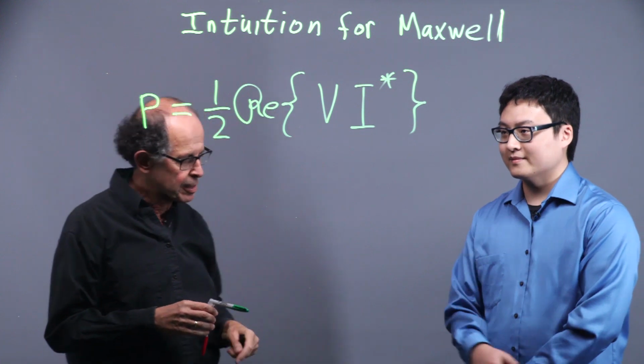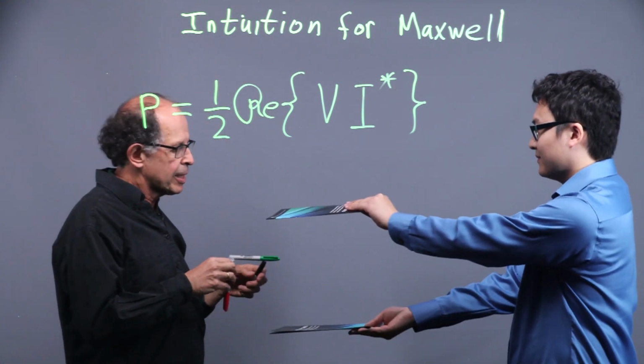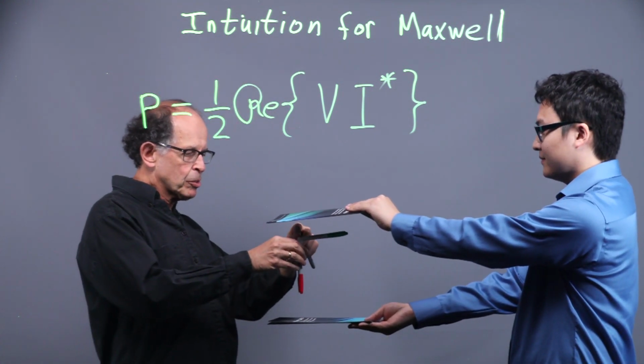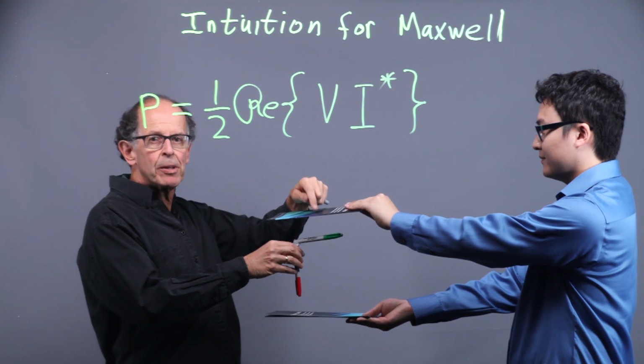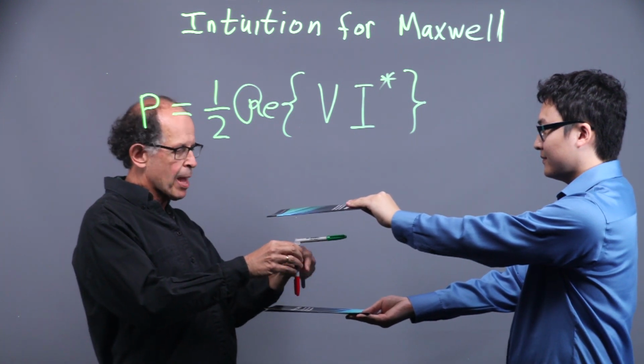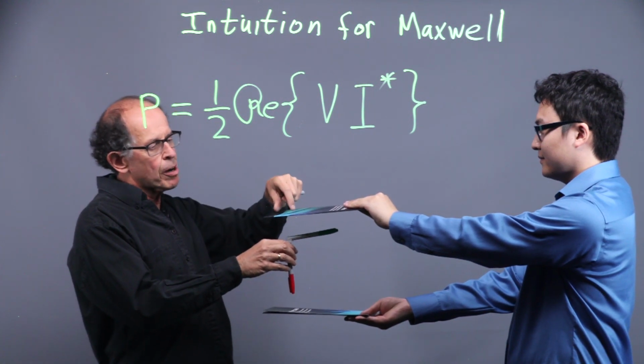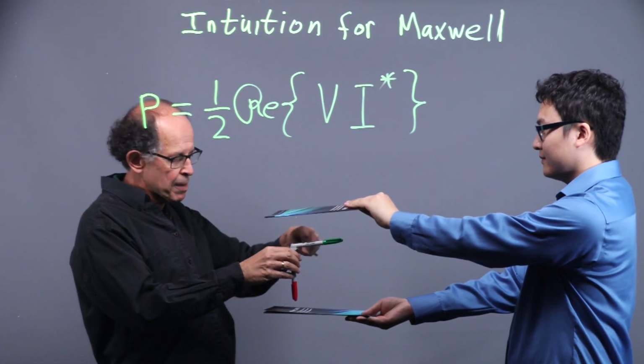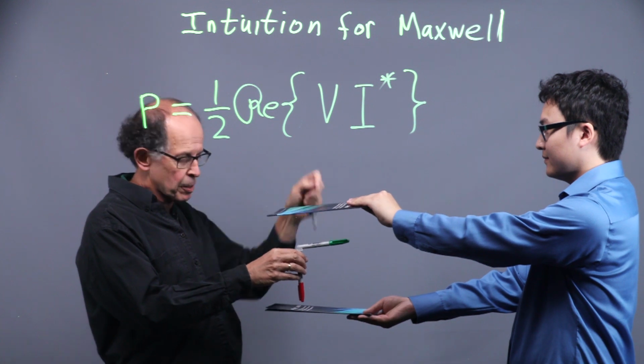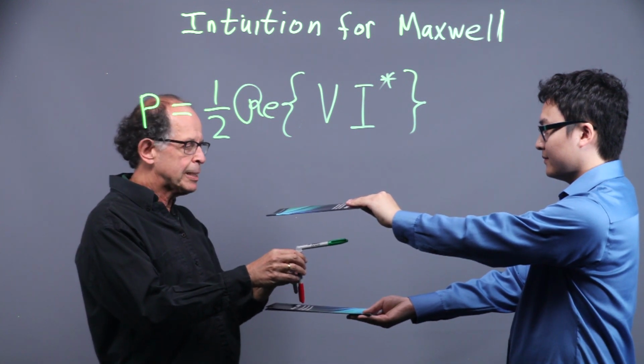But let's see how that relates to the transmission line. So let's have a look. As before, the voltage is between this top plate and the bottom. You have charges here and ground here, so you have an electric field between this plate and the ground plate.